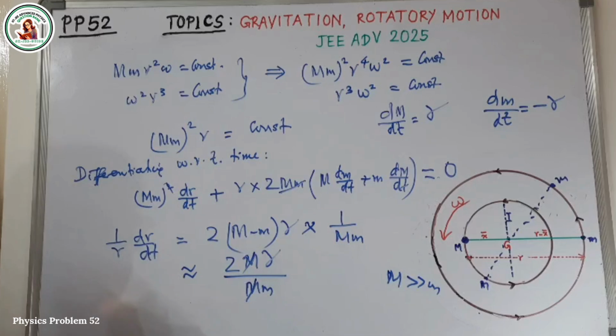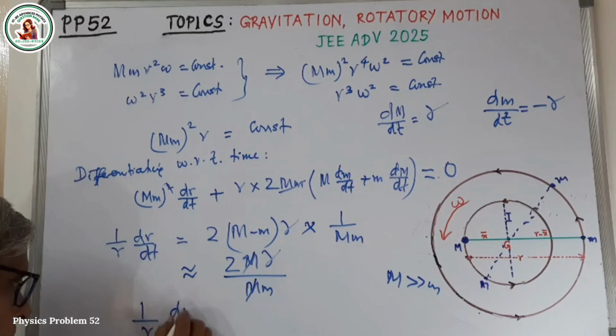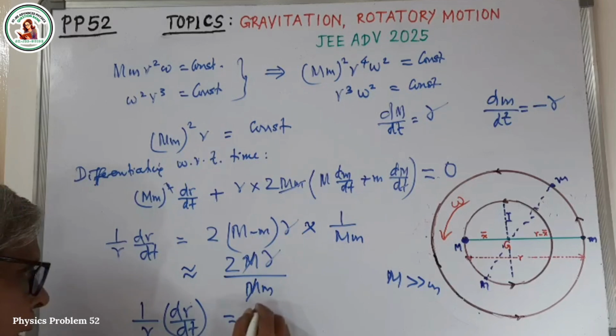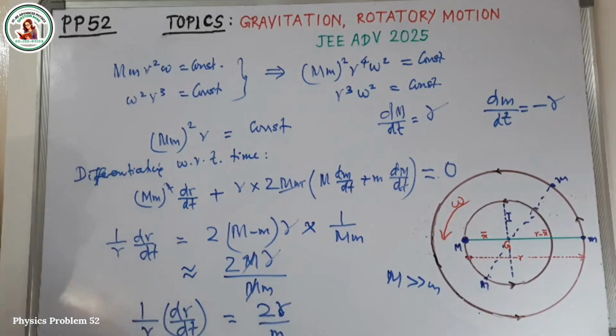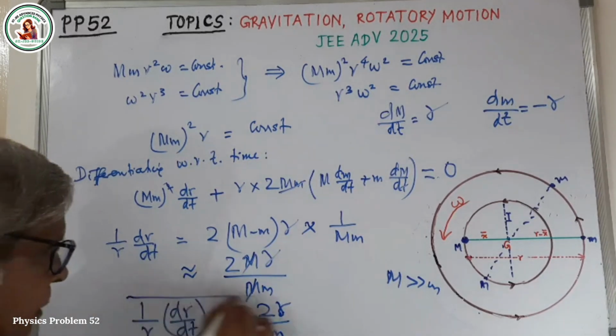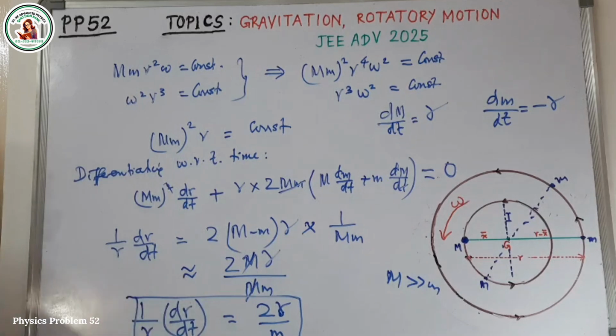That gives us the required rate of change of r: 1 by r dr by dt is equal to 2 gamma by m. This is gamma, not r. Okay, so this is the answer that we want. You can take note of that answer, 2 gamma by m.